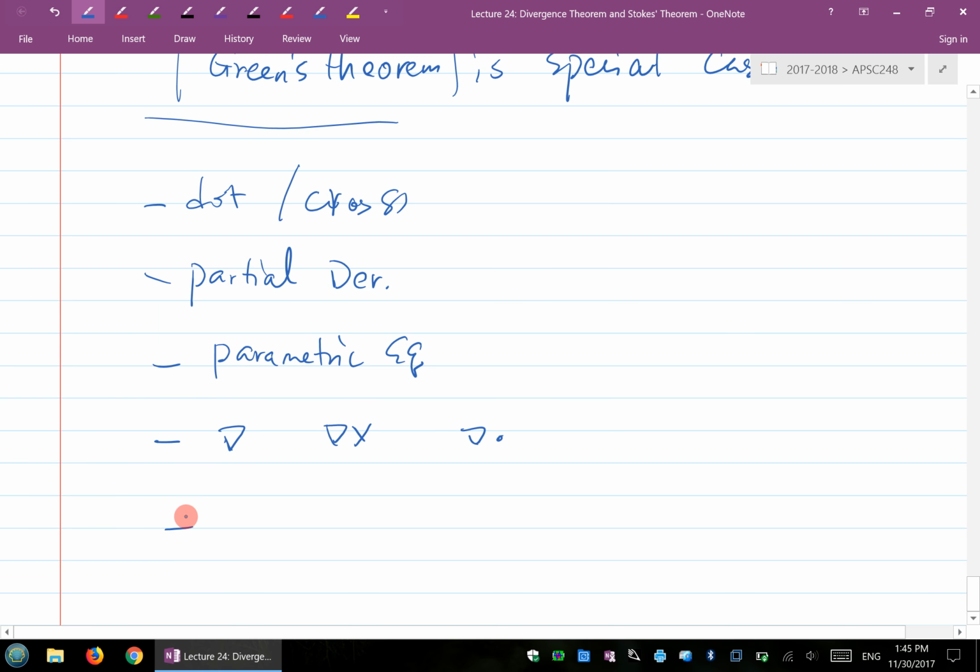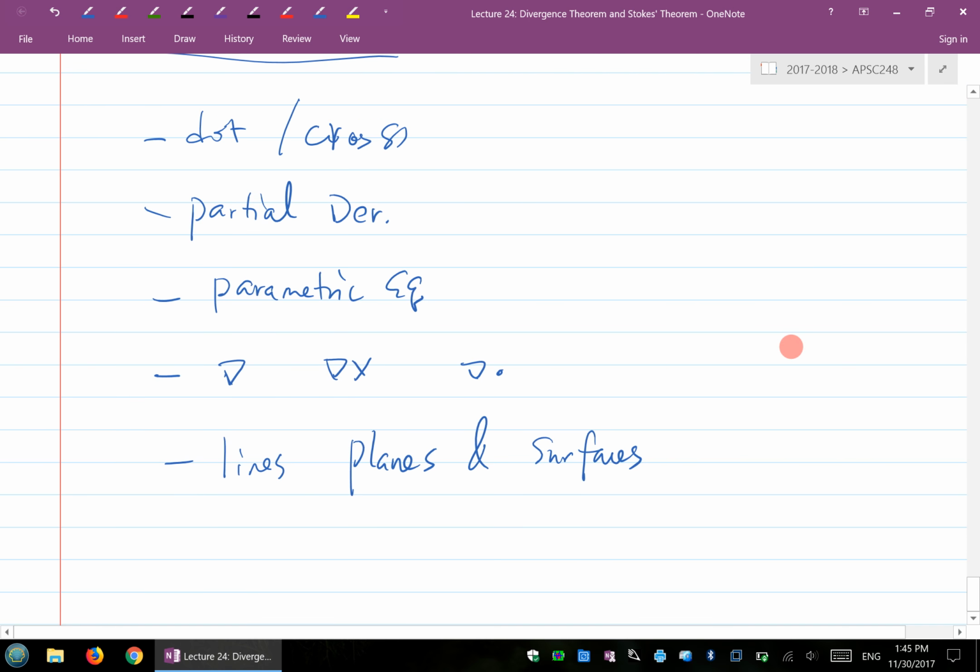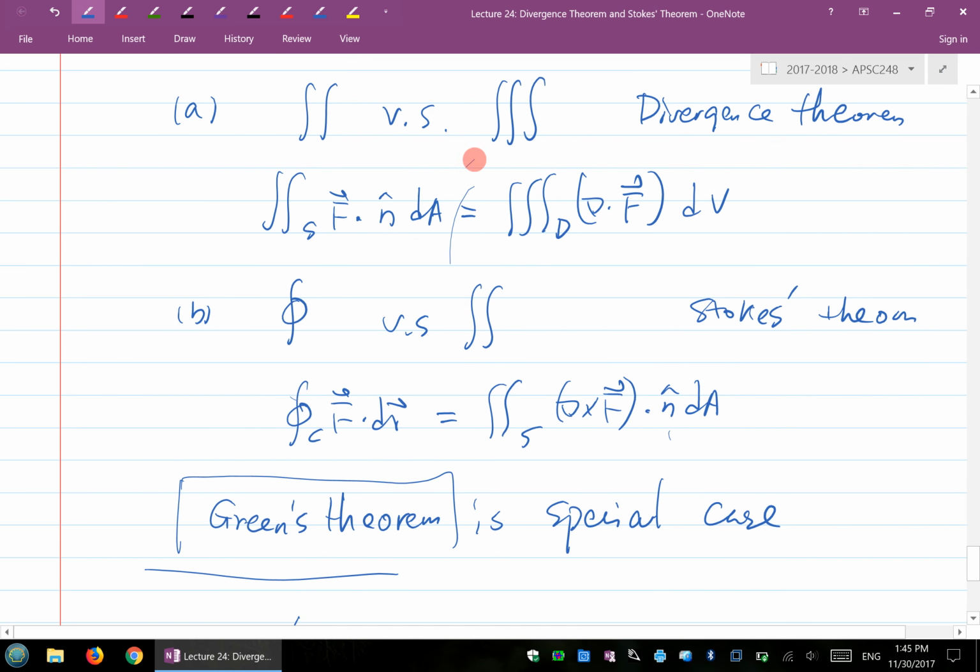And of course, as early as what we learned, lines, planes, and different types of surfaces. And if you think even earlier, from the first year, there are some integral techniques that we have used consistently: substitution, integration by parts. So those bottom things serve as the nutrition to the top of the food chain here.